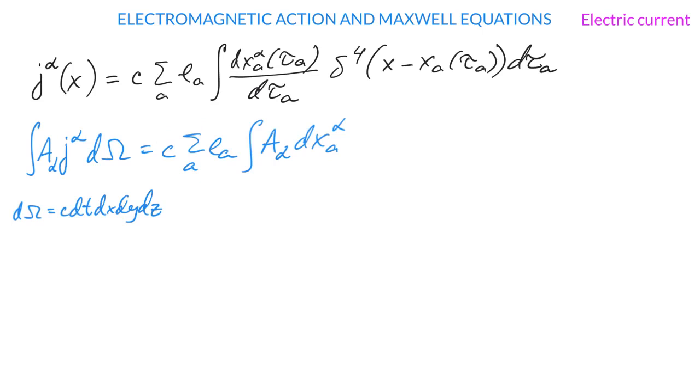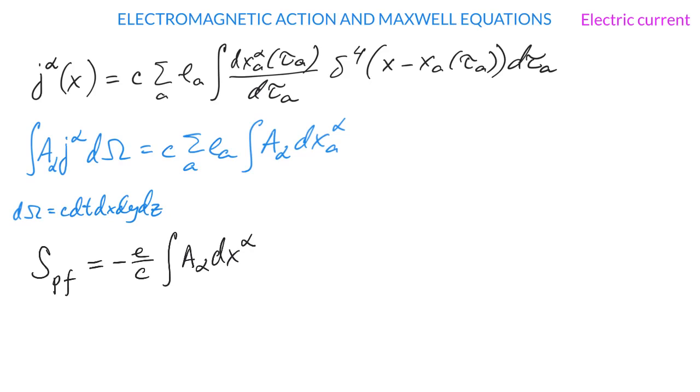Now let's recall the term that appeared in the action for a particle interacting with the electromagnetic field. We call it S sub pf, and it looked like minus e over c integral A alpha dx alpha. So it's an integral over the world line of a particle.